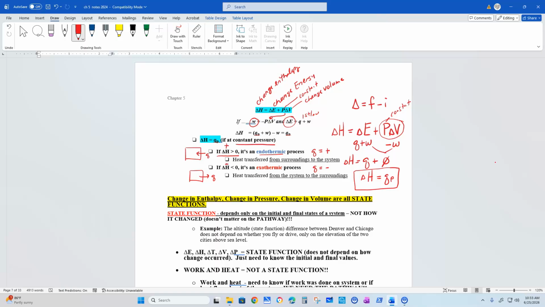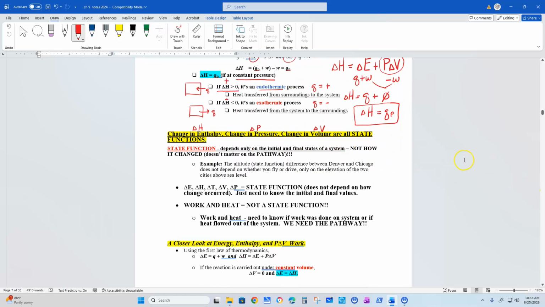So all of these values have another relationship. The change in enthalpy, the change in pressure, the change in volume. They're all called something called a state function. What a state function is: we can't measure H, P, and V just at one specific state. We have to see how it changes because it's a reaction, or it could be a physical change.